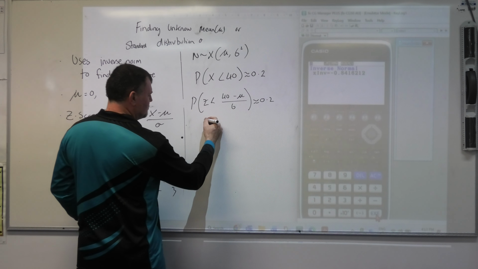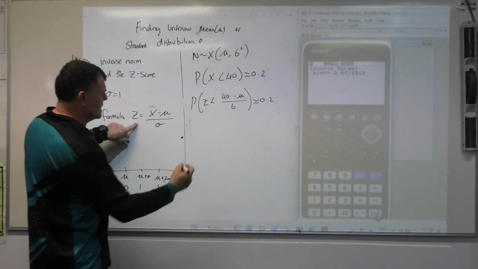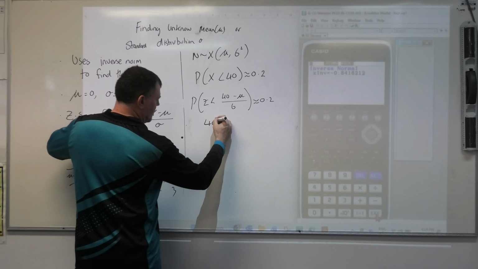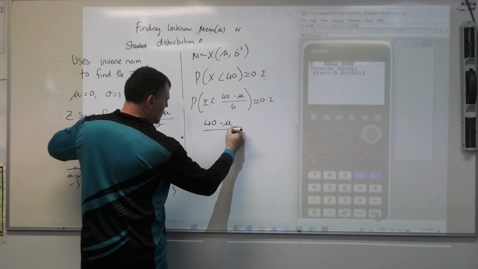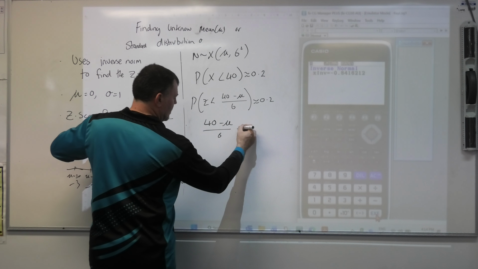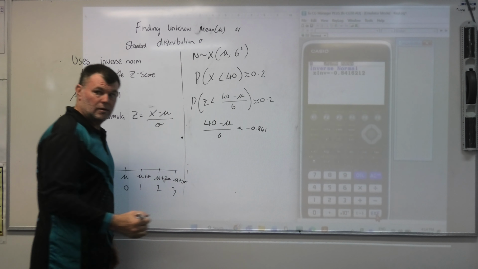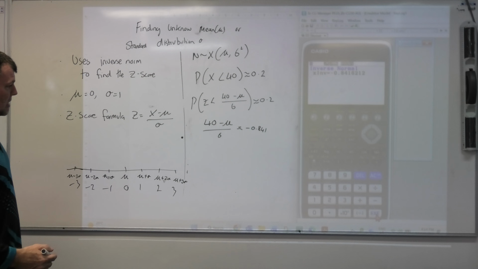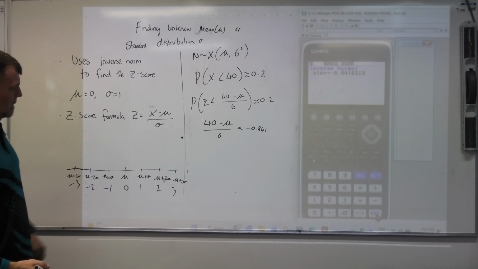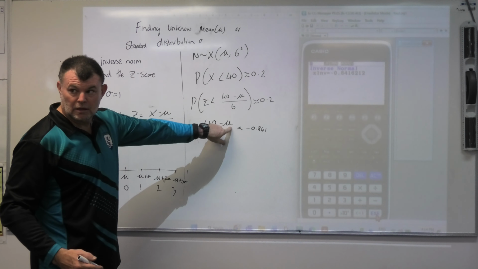If we rewrite this formula now using the z-score, we have 40 minus the mean, over 6, is equal to negative 0.841. Now we rearrange the formula to find the unknown mean.